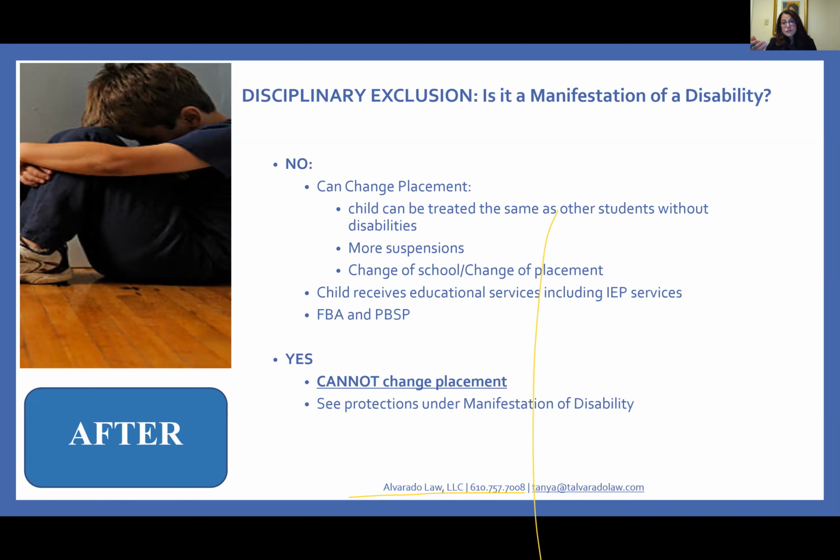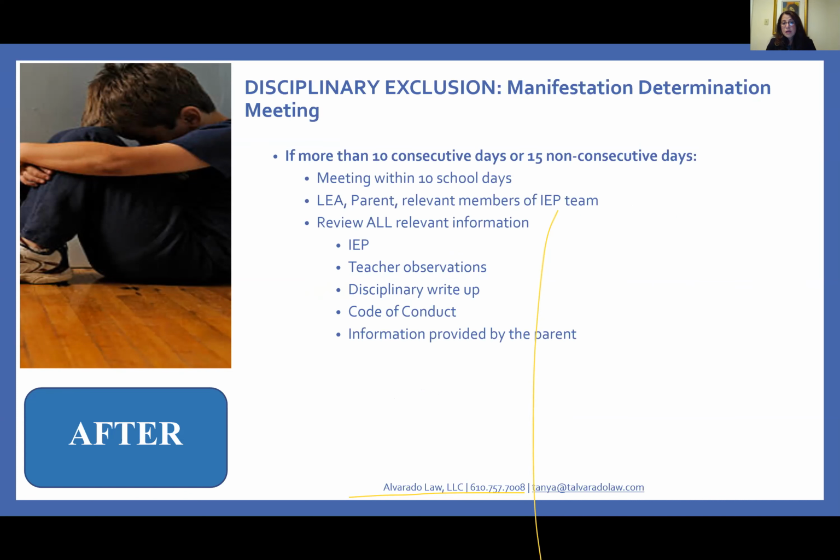So, they have to reevaluate, they have to look at the functional behavioral assessment, they have to look at the behavior support plan. They cannot continue to just issue suspensions after that 15th day or after the 10th consecutive day without looking at your program and trying to figure out what is wrong, why it isn't working.